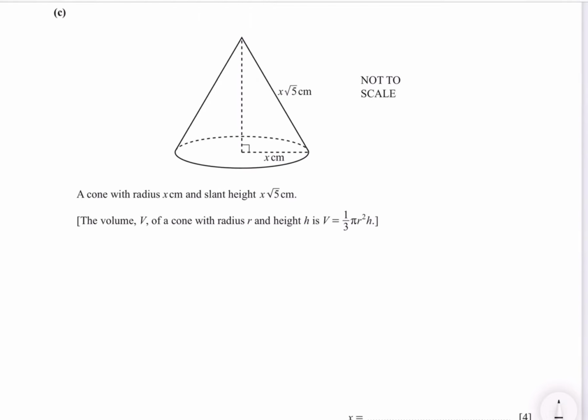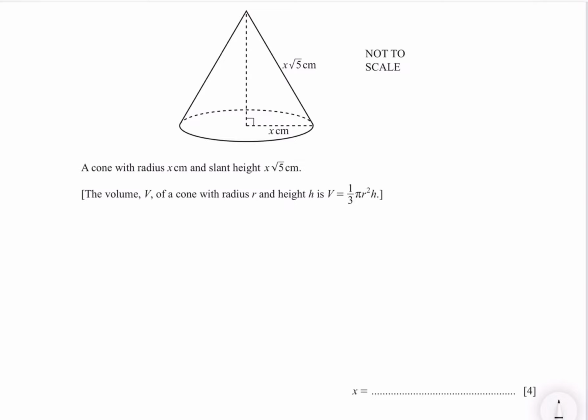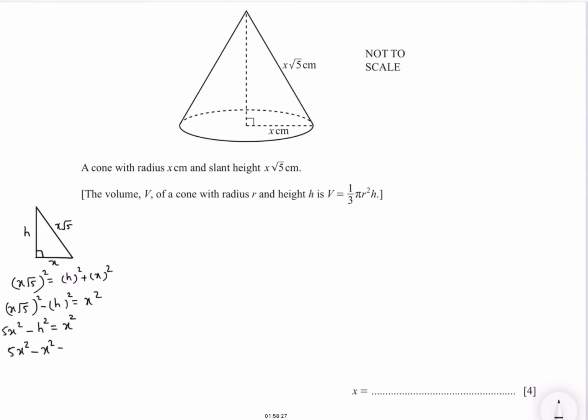In part C, we will have to find the value of h. So first use the Pythagoras theorem. So your h is 2x. Now you can use the formula and put the values in it.